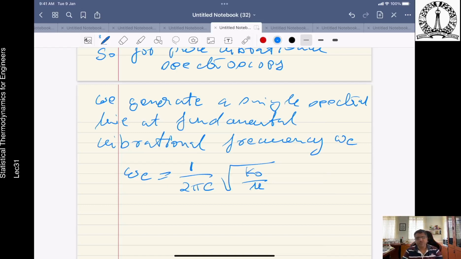Hence the spectral measurement of this fundamental vibrational wavelength leads to knowledge of the force constant or the bond strength of a particular diatomic molecule.